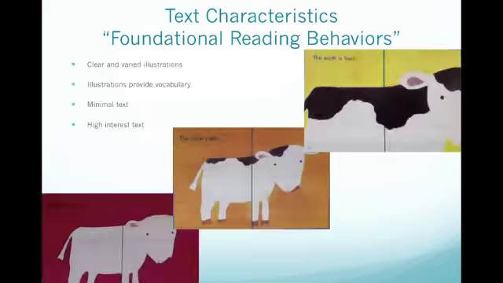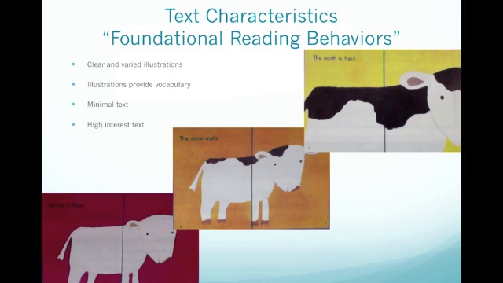So thinking about these characteristics, I pulled out a kindergarten story, and I want us to analyze the story looking at these characteristics. The first thing we want to think about is, does this story have clear and varied illustrations? Well, there's some variation in the color, but there really isn't much variation in the illustrations themselves.